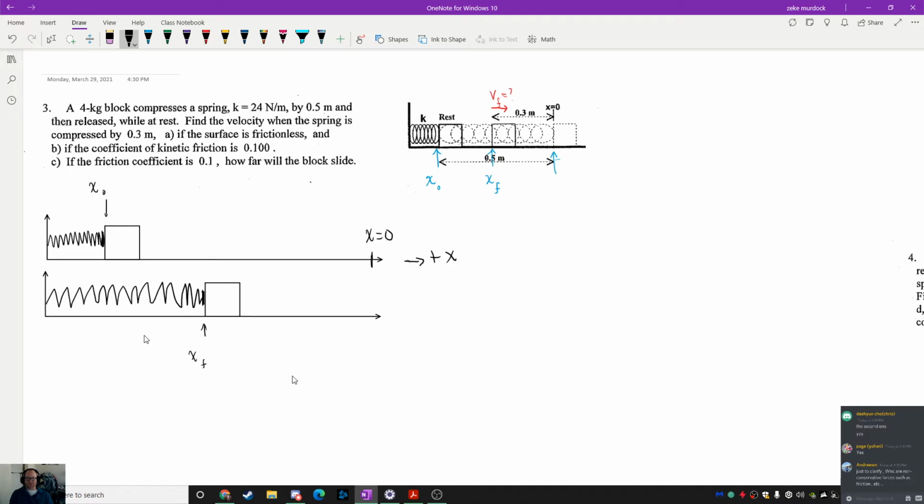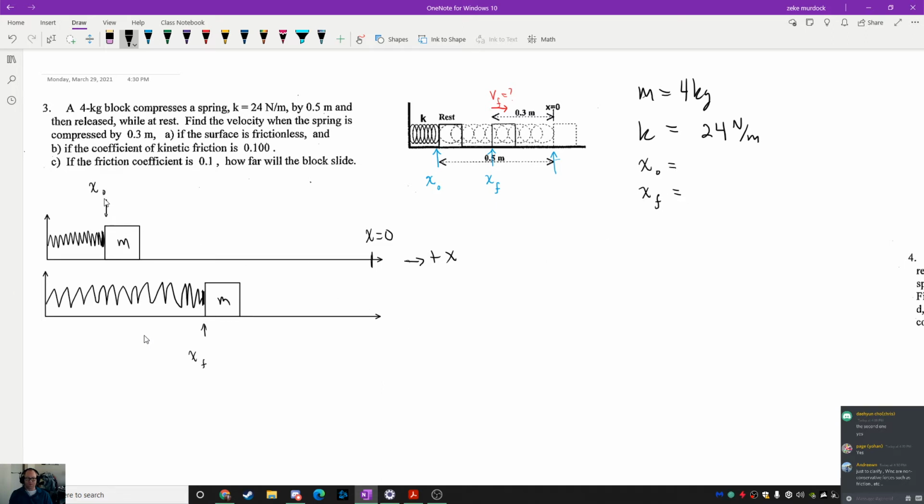And it says, let's read it again. 4 kilogram block, so it has a mass m. The mass is 4 kilograms. We have a spring constant. The spring constant is 24 newtons per meter. Instead of writing them on here, I'm just going to say we'll have an x initial and an x final, at least for the first part.